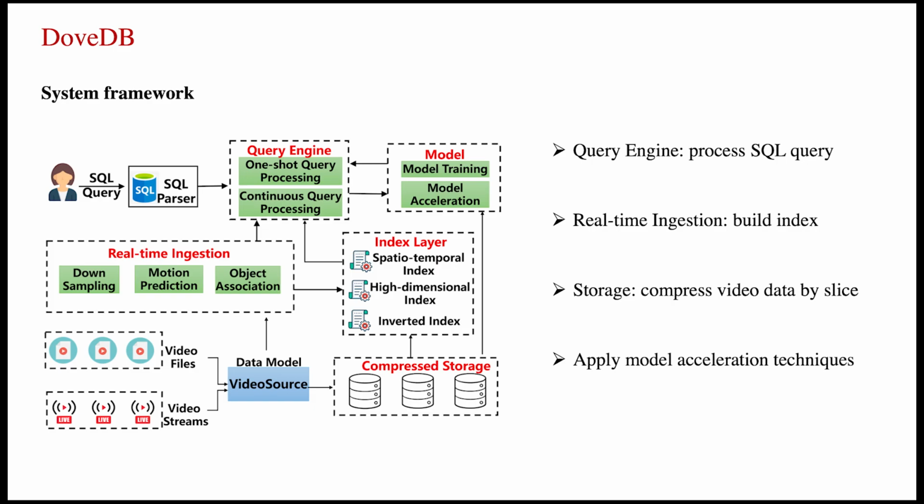The storage module takes care of slicing, compressing, and storing videos, and then the real-time ingestion module is responsible for creating indexes for videos, ensuring rapid responses to a variety of types of queries. Furthermore, the system employs some model acceleration techniques to speed up model inference, thus enhancing overall system efficiency.